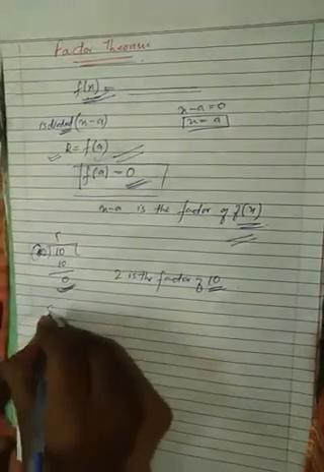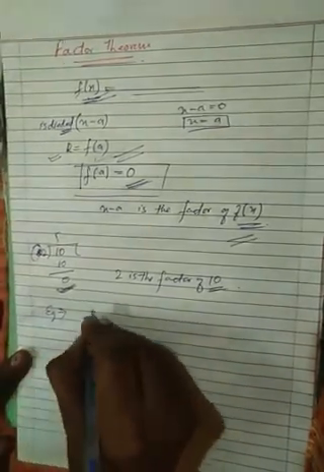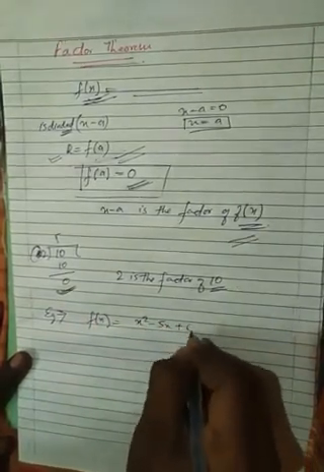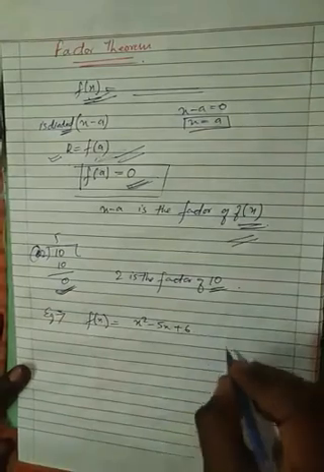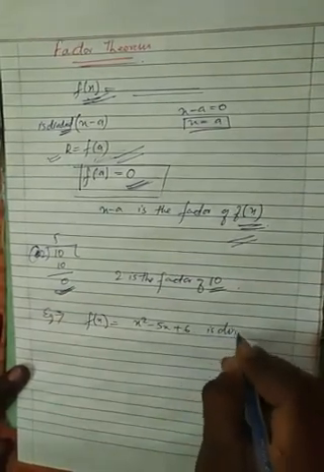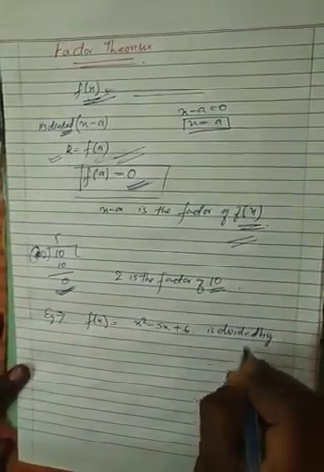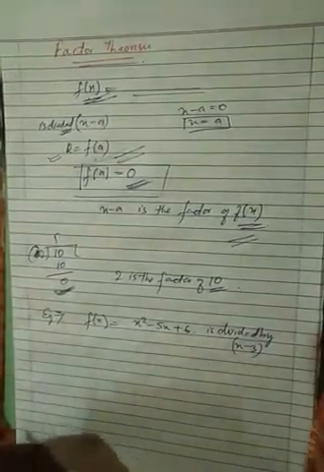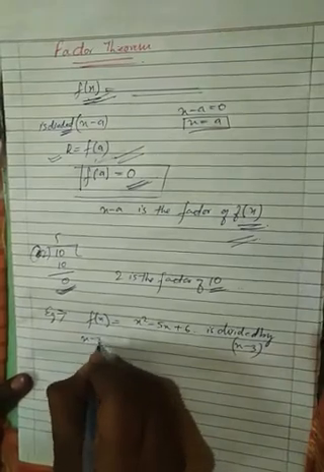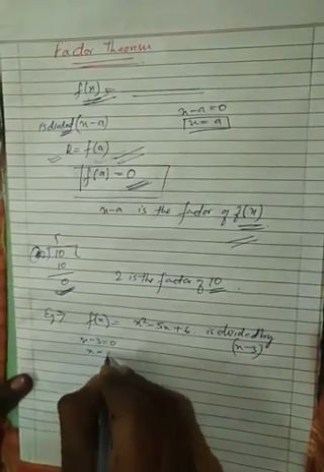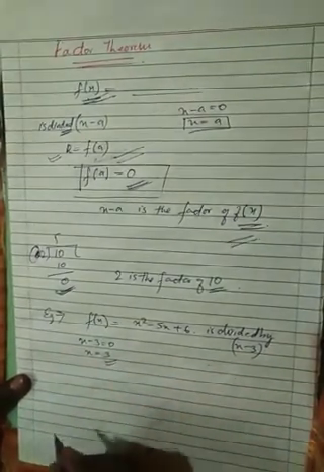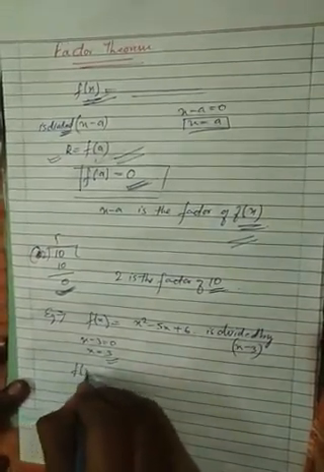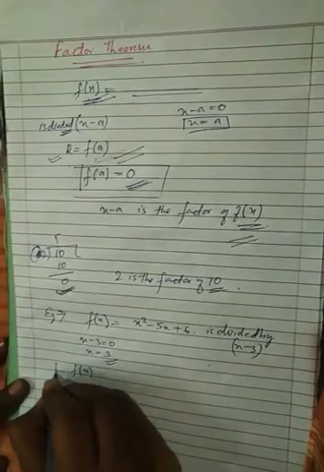Let's take an example. If I take f of x as x square minus 5x plus 6, the function of x is given, and it is divided by x minus 3. Is it a factor or not? I will calculate first x minus 3. If I equate it with 0, x will be how much? 3. Clear? Now we calculate the remainder by f of 3.